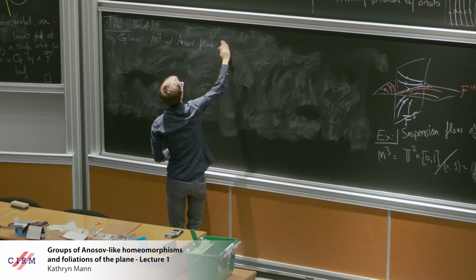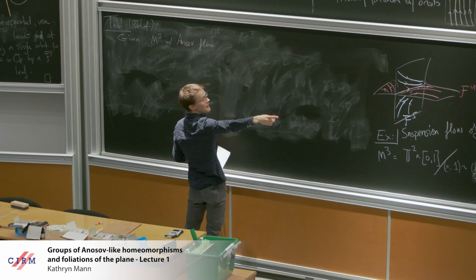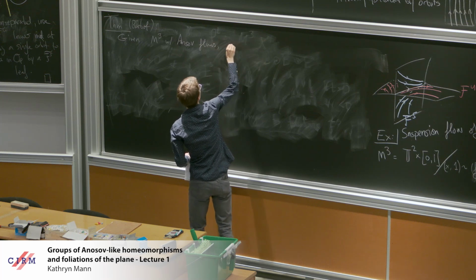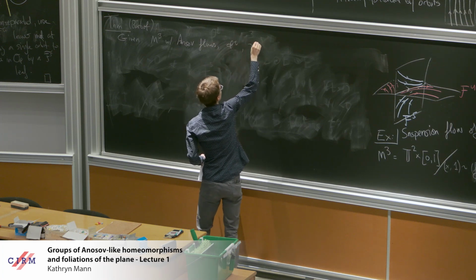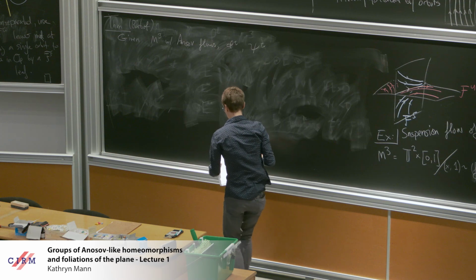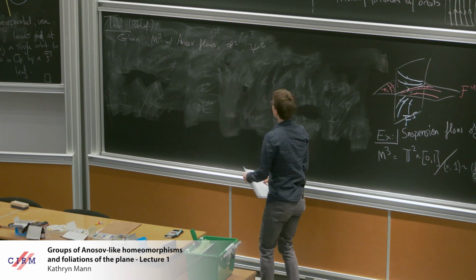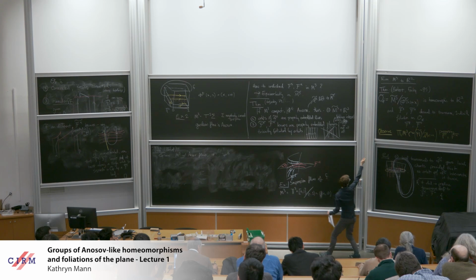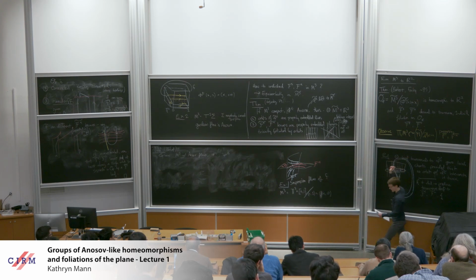Let me state it this way. I want to say the orbit space picture determines the flow. So I'll say that if you have two flows, these flows are the same if and only if these pictures are conjugate.